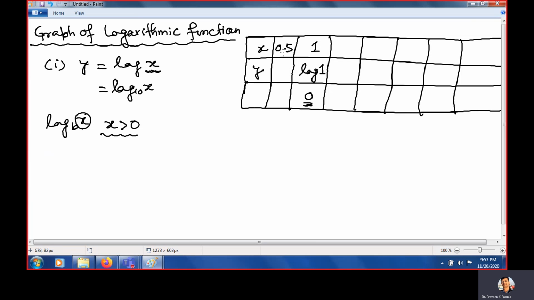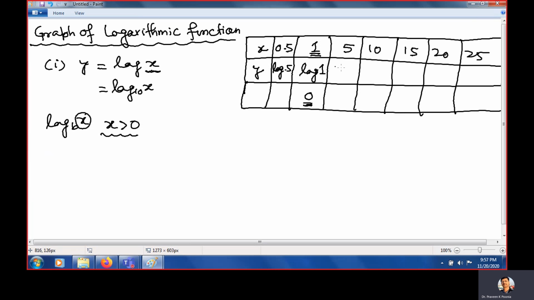So one value we will take is 0.5. First you choose this value, then take 0.5. Now take 5, 10, 15, 20 and 25 like this. In the book they have taken only a few values, 5, 10, 15, 20. So what will the values be?